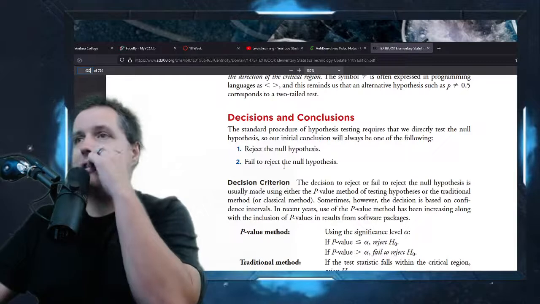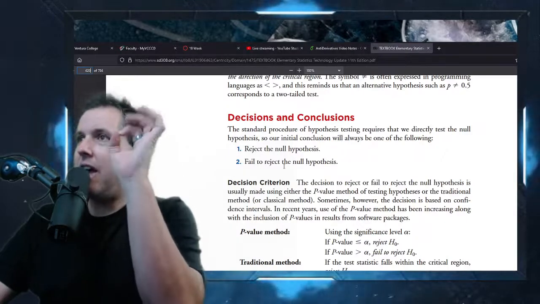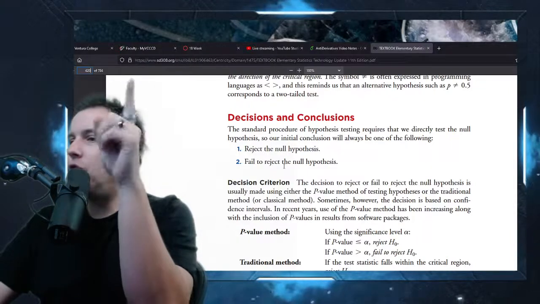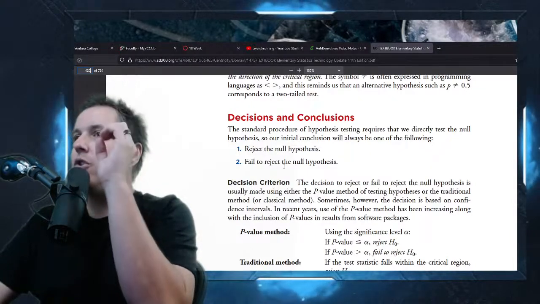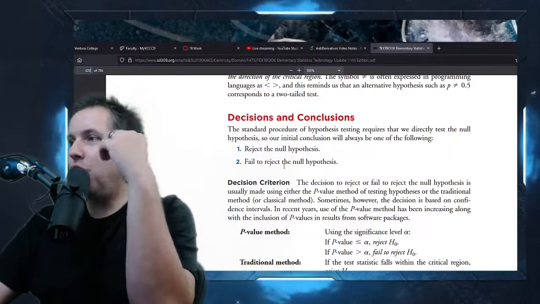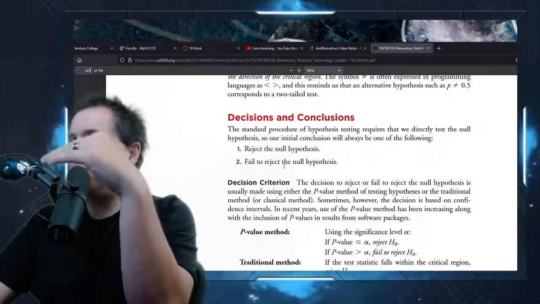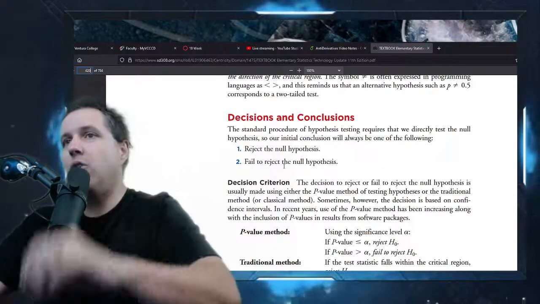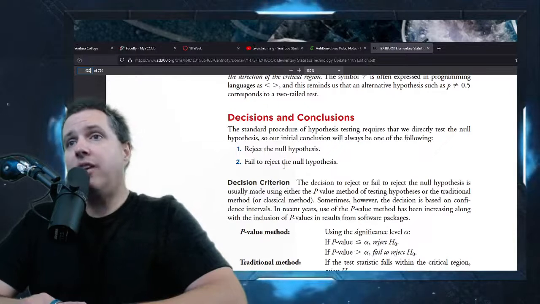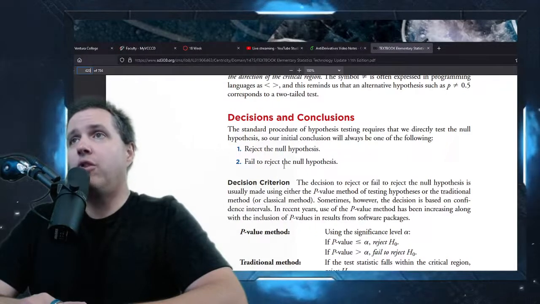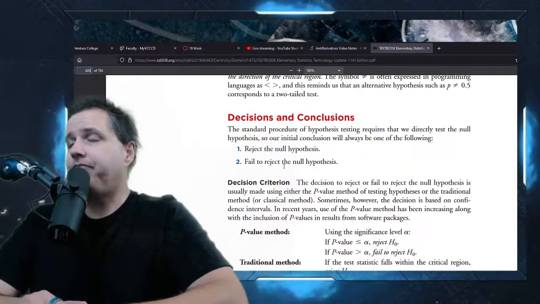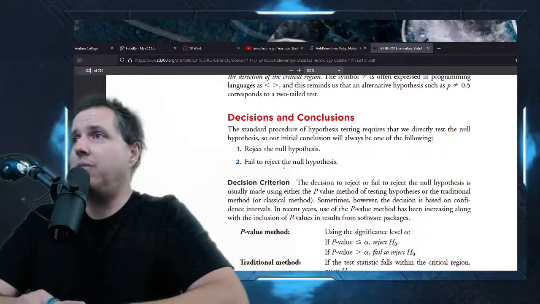The null hypothesis never really gets evidence given to it. So that's why if you are trying to prove something, don't make it the null hypothesis. If you are trying to give evidence to a statement, make that the alternative hypothesis. That's how this works. If you want to make the statement that we think the proportion of students who work more than 30 hours a week is above 60%, okay, that could be the claim you want to make.